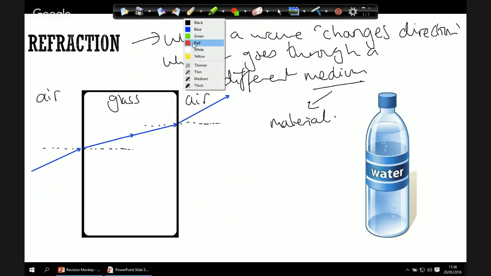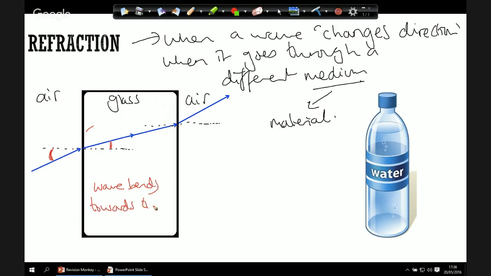So if we look at this now, we've got the ray coming in from the air to the glass block. This angle here is going to be smaller because at this point here, the wave bends towards the normal. Or if we're talking about light, sometimes we call this the light ray. It bends towards the normal, so this angle is smaller than this angle. And then as it goes out again, it bends away from the normal.